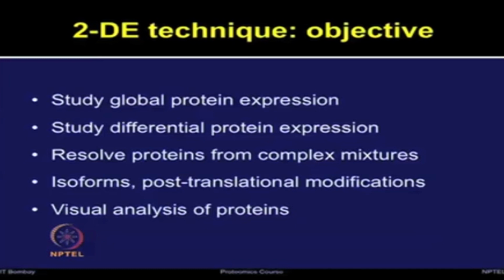So, if you do not have information about all of the proteins which could be present in your sample mixture, then first of all one needs to create that fingerprint or blueprint of all the proteins and use that by the process known as global protein expression.